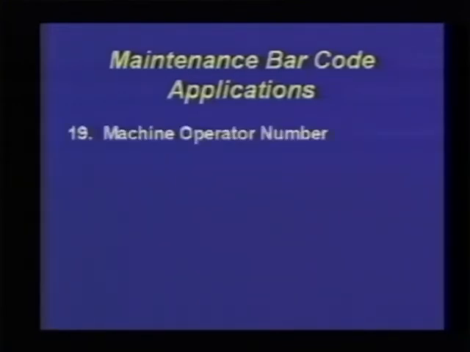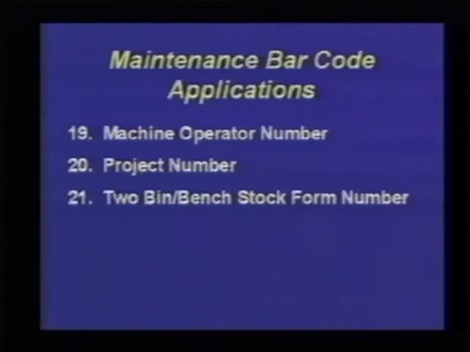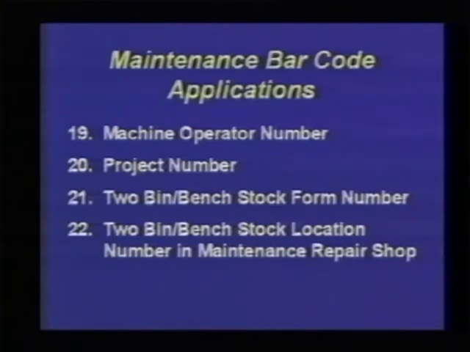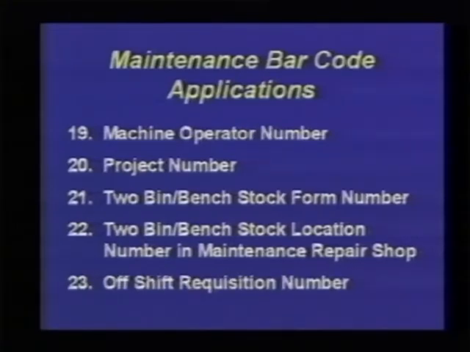If we have a project or some type of a facilities expansion, that project number can be barcoded. The two-bin or bench stock program can be barcoded, and I made reference to that when we were in section 4 of the notebook. We can also barcode the bench stock location number in the maintenance repair shop. We likewise, if we have a need for off-shift requisition numbers, we can barcode those numbers.